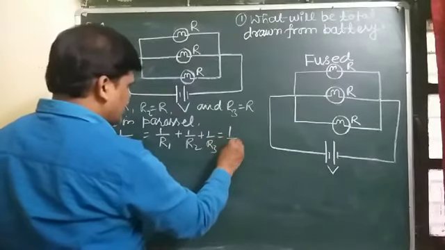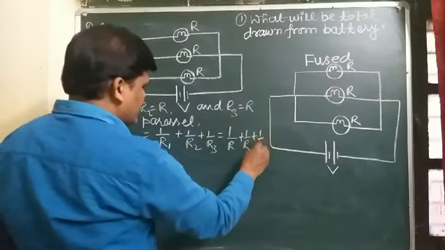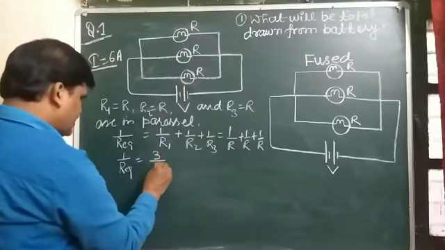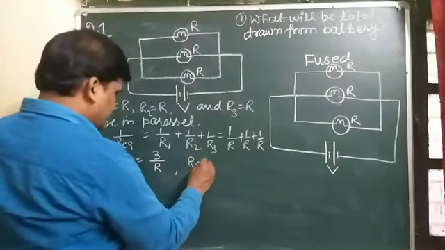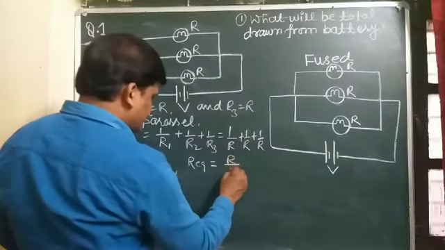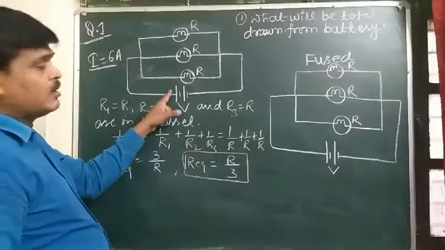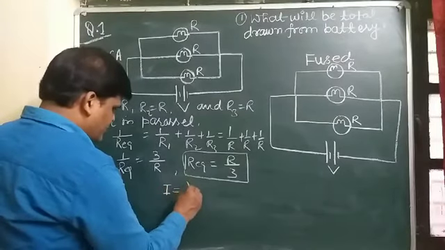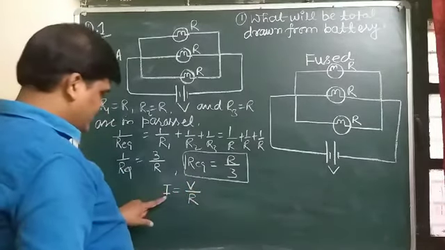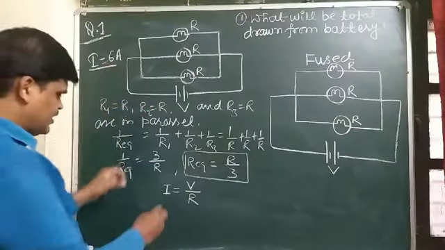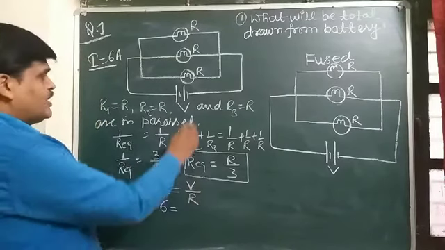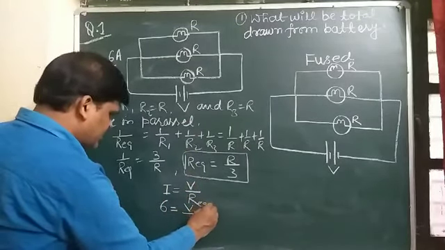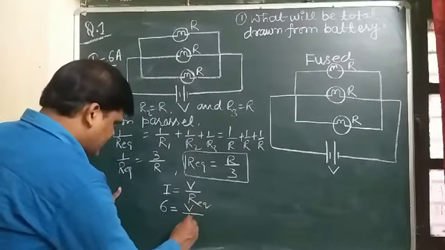Each resistance is R, so 1/R + 1/R + 1/R. So 1/R equivalent comes out to be 3/R. Taking the reciprocal, R equivalent comes out to be R/3. Now we apply Ohm's law, and we know I equals V by R. The current drawn by the battery, which is given in this case, is 6 ampere, the voltage across the battery is V, and R is R equivalent, which is R/3.